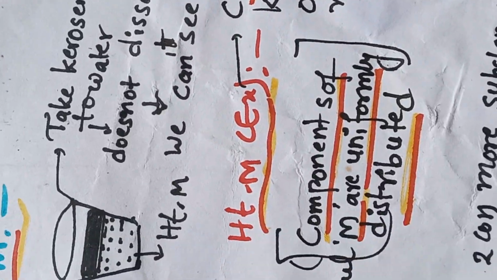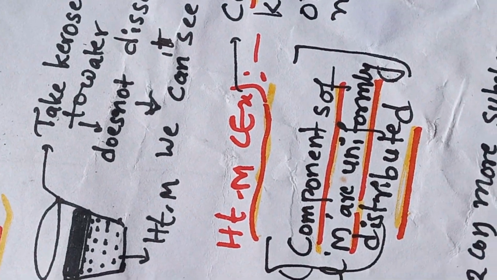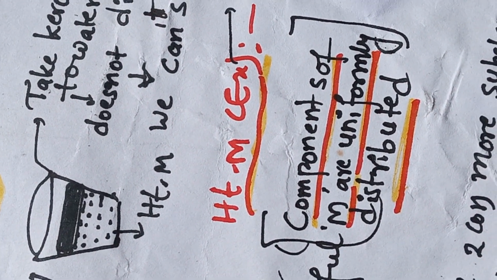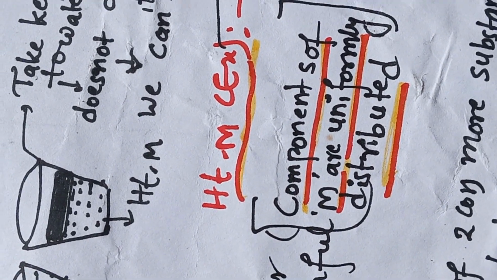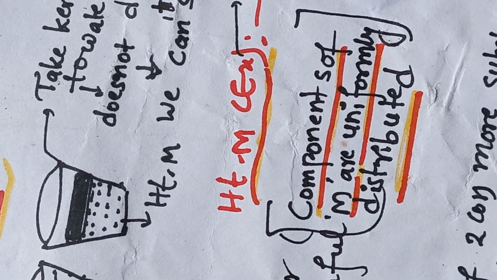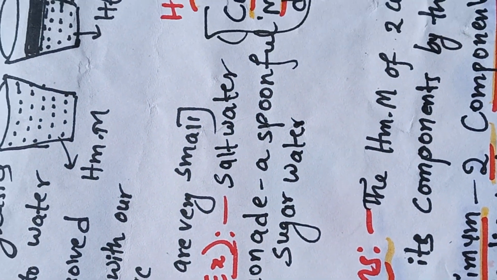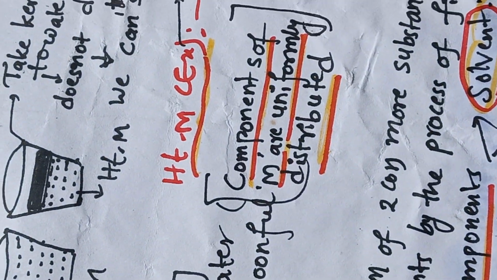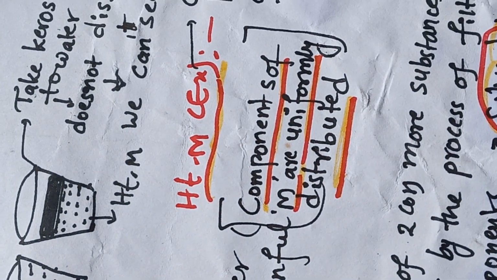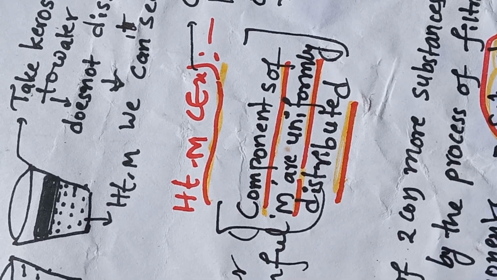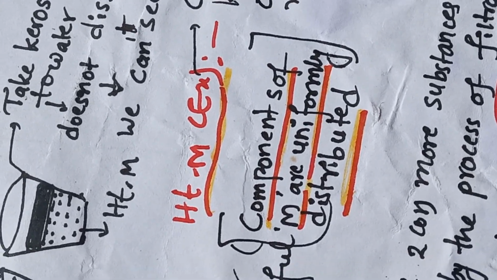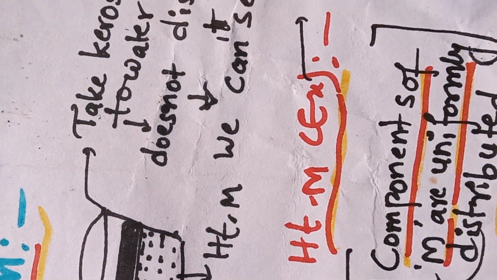And next one is a heterogeneous mixture, which means the components of the mixture are not uniformly distributed. If they are not uniformly distributed, we call it a heterogeneous mixture. Homogeneous mixtures mean the components in a mixture are uniformly distributed. If the components are not uniformly distributed, then that is a heterogeneous mixture.